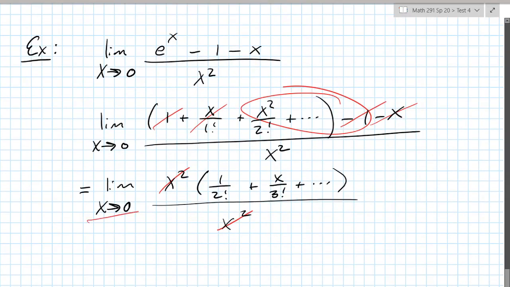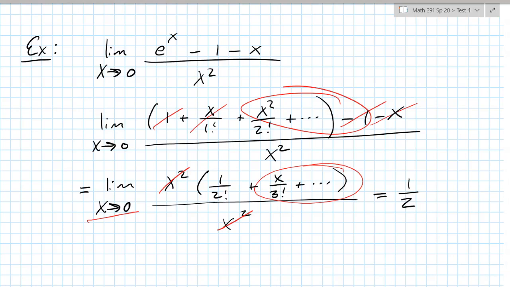Now we can evaluate our limit because we took care of the 0 over 0 problem, and we're left with all of these terms being just 0 over a number. So all that's left is 1 over 2 factorial. 1 over 2 factorial is just 1 half. So there you have it. We could also make easy L'Hopital's rule problems look more complicated using series.